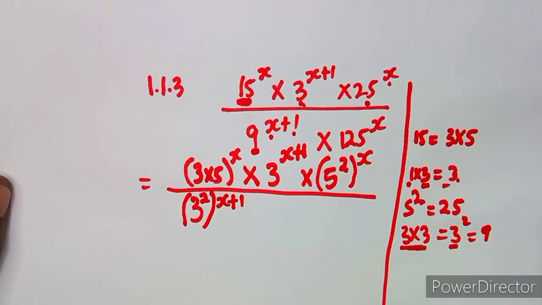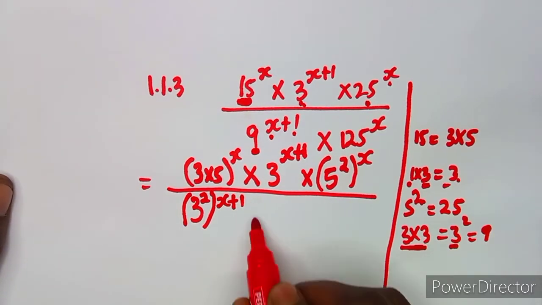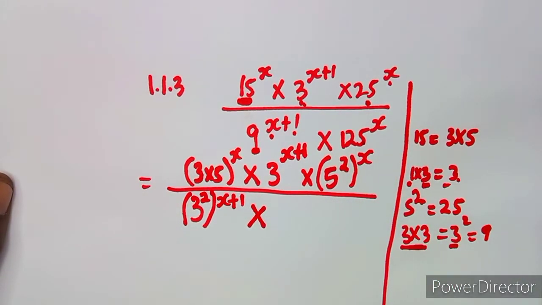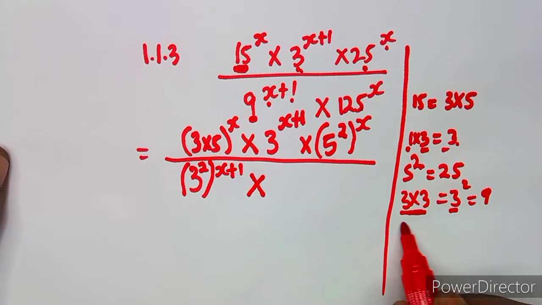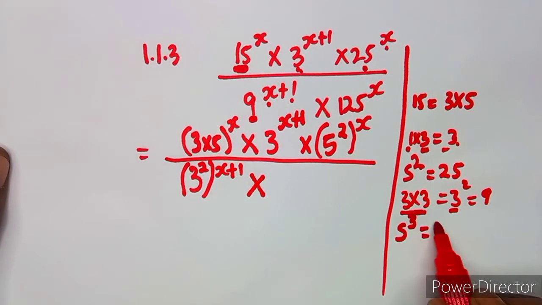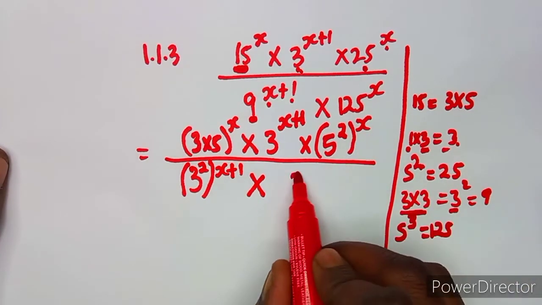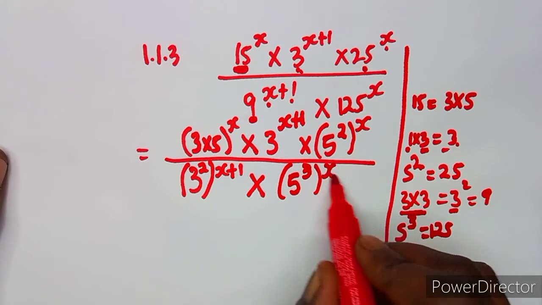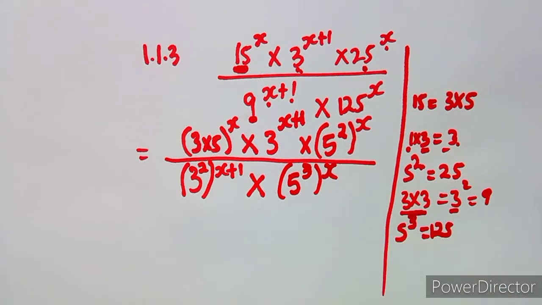Multiply by, we have got 125 here. In its simplest form, 125 is 5 to the exponent of 3. Remember that 125 is 5 to the exponent of 3, but there is already an exponent of x like that.